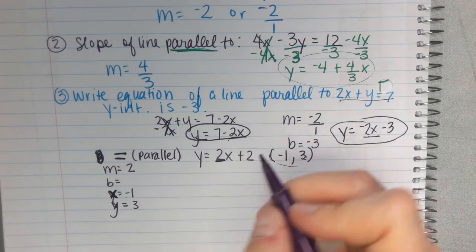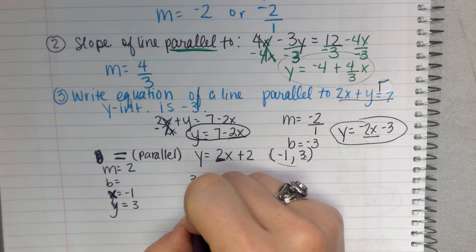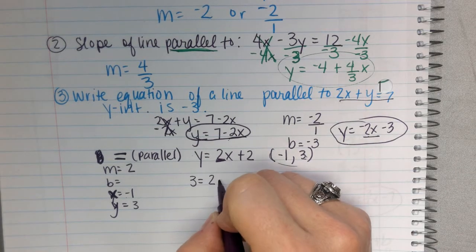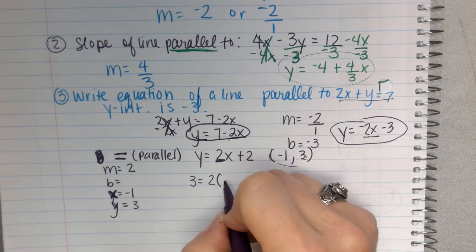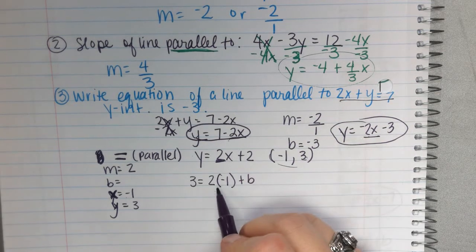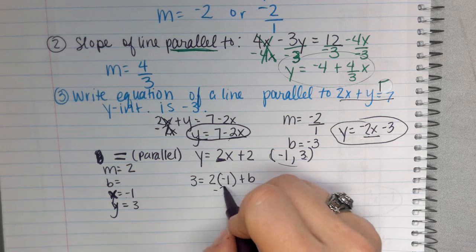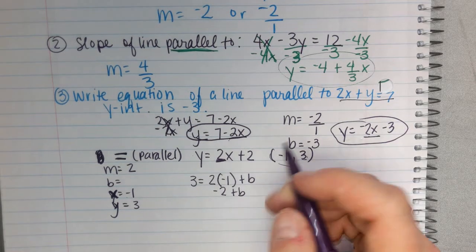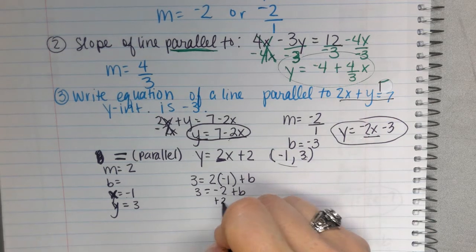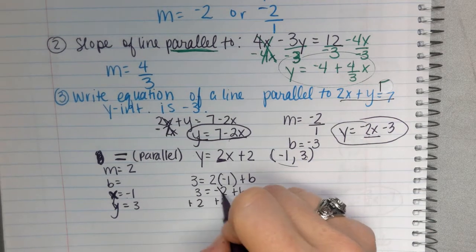So we could say here, 3 equals mx plus b. So 2 times -1 is -2, plus b equals 3. We're going to add 2 to both sides to get rid of that -2.